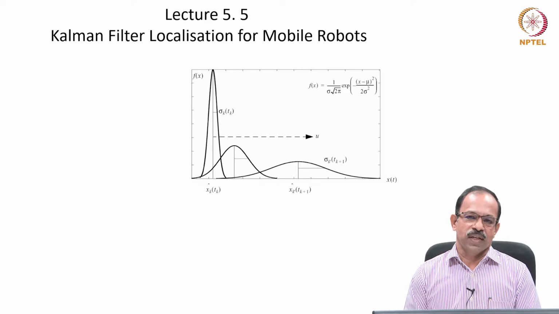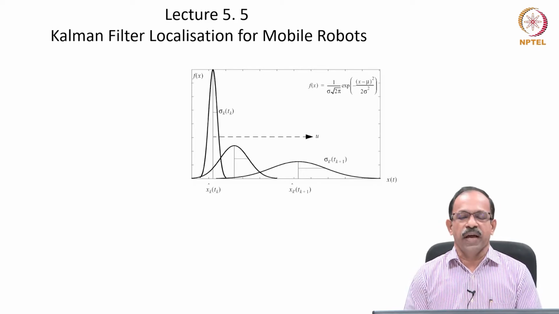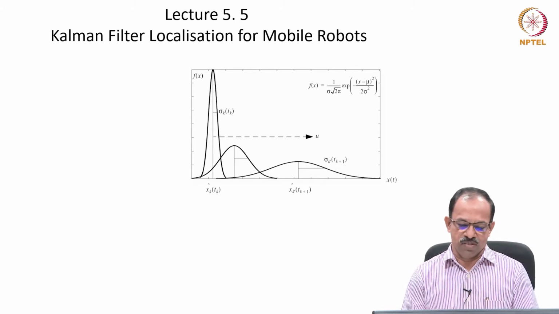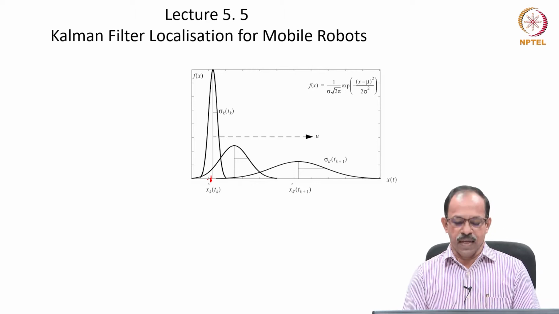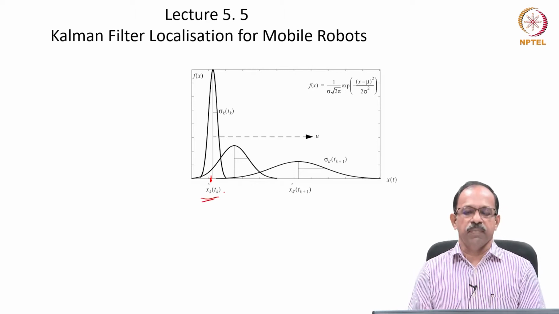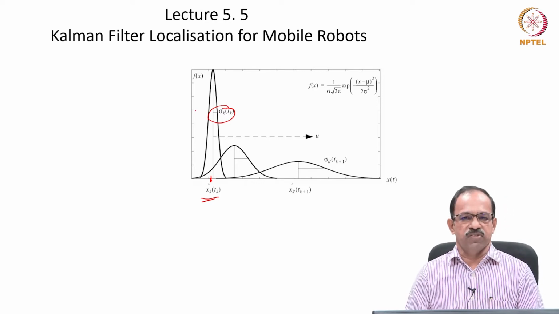We saw that there are some basic assumptions: the previous position and its covariance are known. For example, you know that the robot is at xk at time tk, and its standard deviation sigma is also known.